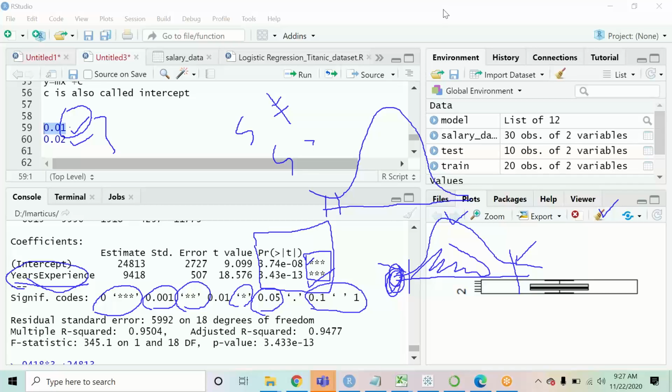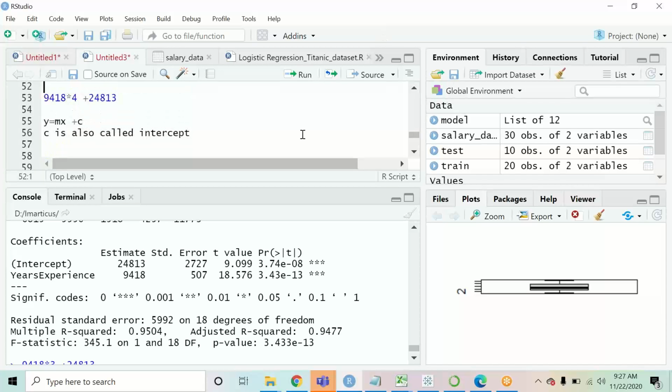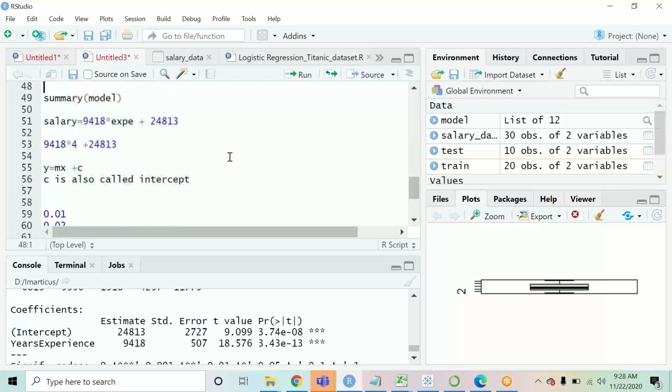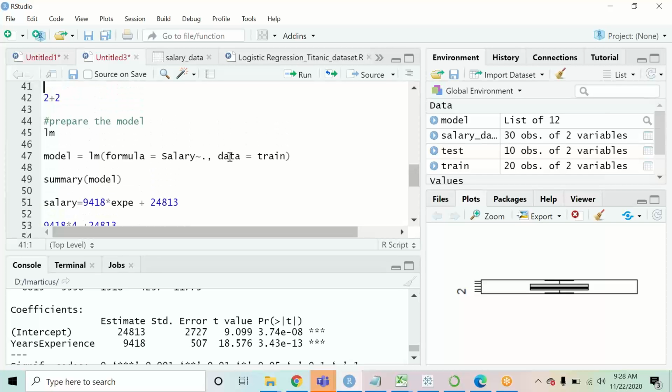Okay, any other questions, class, on this? Yes, Amit, I cannot run that code. model is equal to lm formula, salary tilde dot, data is equal to int. I cannot access the code. Can you share your code on the chat, please? So all of you, in the meantime, you can write your code. So what is the error that you are getting?